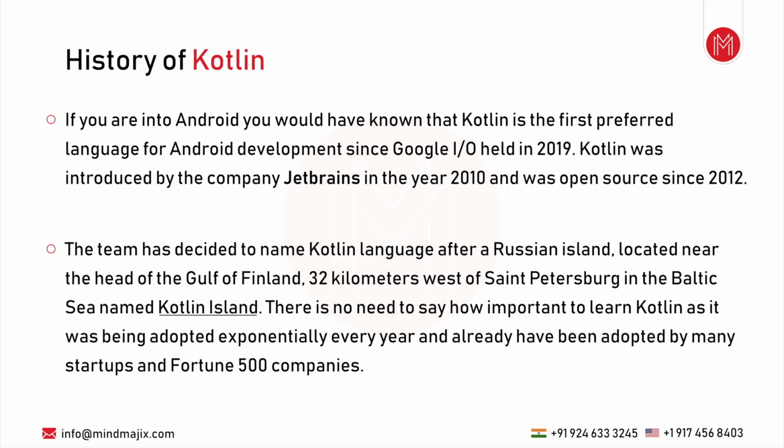If you are into Android, you would have to know about Kotlin. It became an official Android development language at Google I/O held in 2019. Kotlin was introduced by the company JetBrains in the year 2010 and was open source since 2012. The team decided to name the Kotlin language after the Russian island located near the head of the Gulf of Finland.